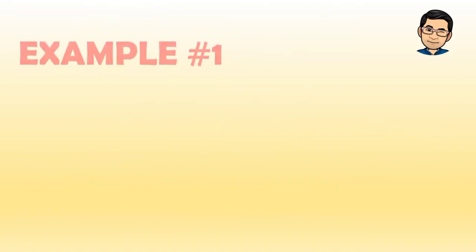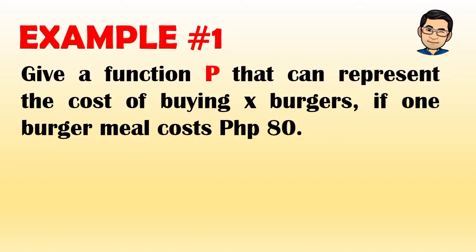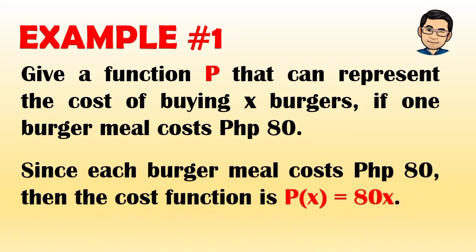Let's have example number 1. Give a function p that can represent the cost of buying x burgers if one burger meal costs 80 pesos. So the solution is, since each burger meal costs 80 pesos, then the cost function is p of x equals 80x. So kung mapapansin nyo, yung function natin is 80x.